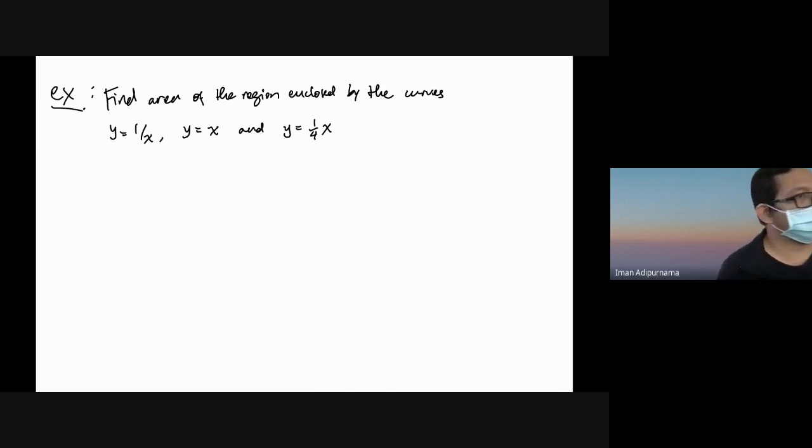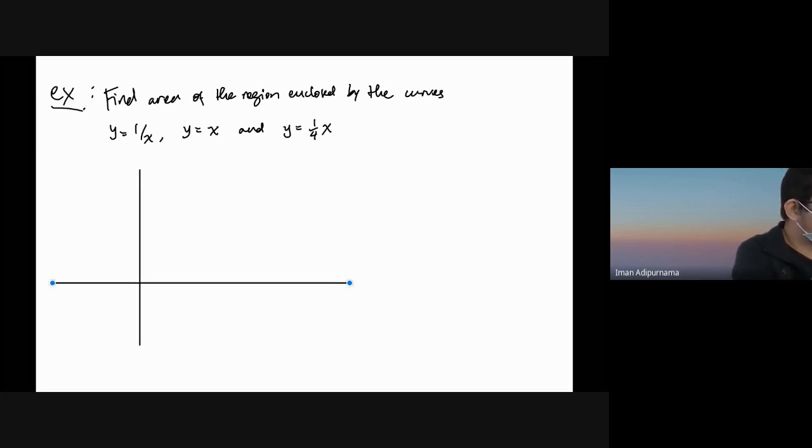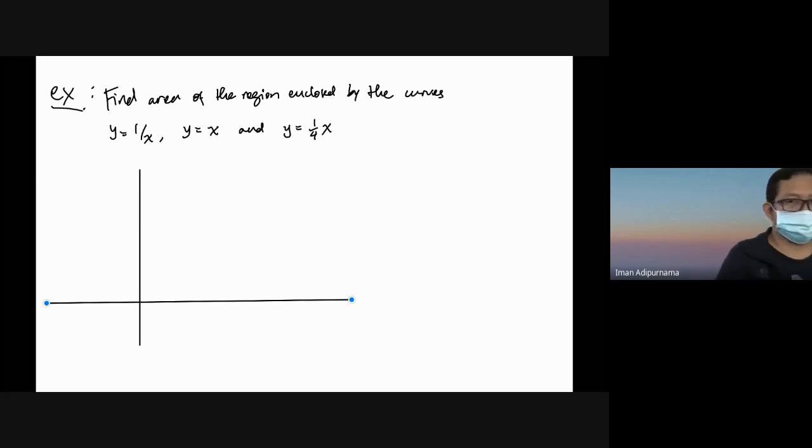And probably we need to roughly sketch the graph to see our intersections, or maybe our area, how it looks like. Let's say this is 1 here.